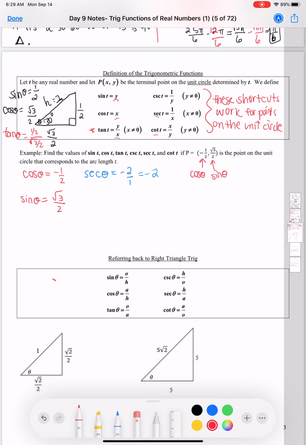And so cosecant, remember I told you guys every C needs an S, so sine, that's an S, it needs a C, so it gets cosecant. If we flip that around, that's 2/√3. We do not like that square root in the denominator, so I'm going to go ahead and get rid of that by multiplying by √3 on top and bottom.